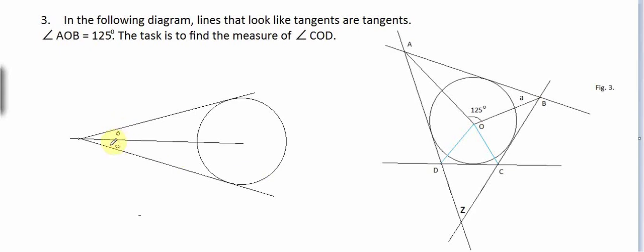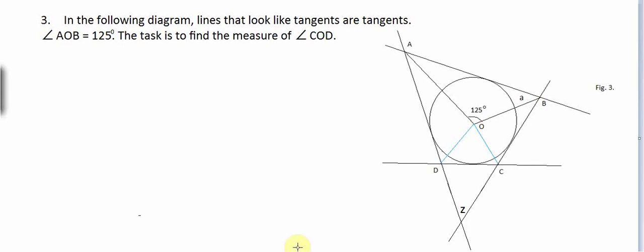This can be proved by proving these two triangles congruent, and these two angles being equal becomes a consequence. So this is a property of tangents and circles, and therefore if the above angle is A, then this angle is also A. Likewise, if I name this angle as B, then this angle is also B.